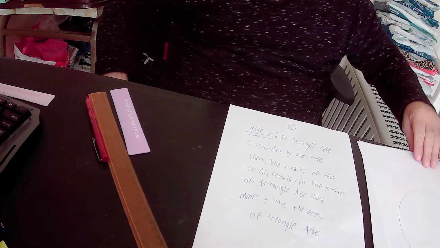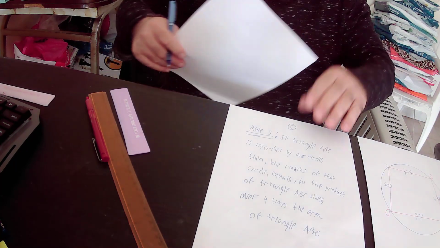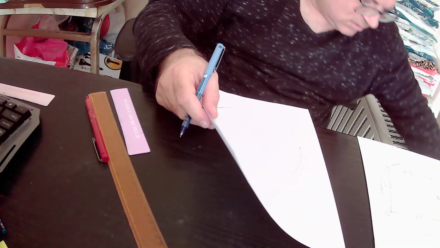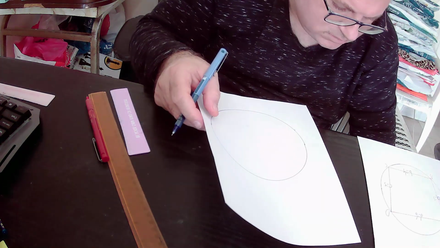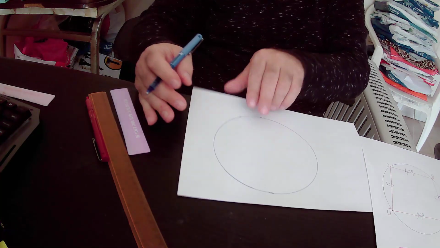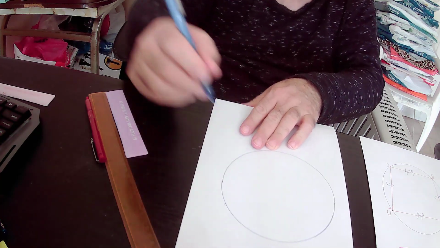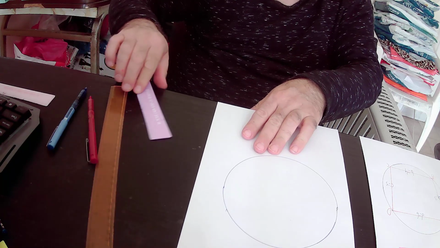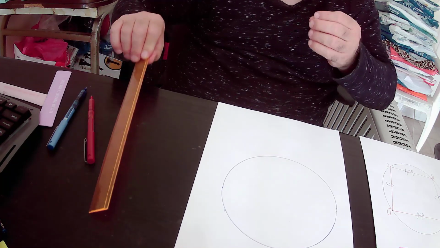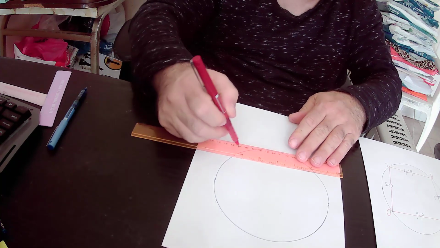So what is the meaning of rule number 3? The meaning of rule number 3 is that if we have this circle, and this circle blocks triangle ABC, that is to say triangle ABC is inscribed by this circle.